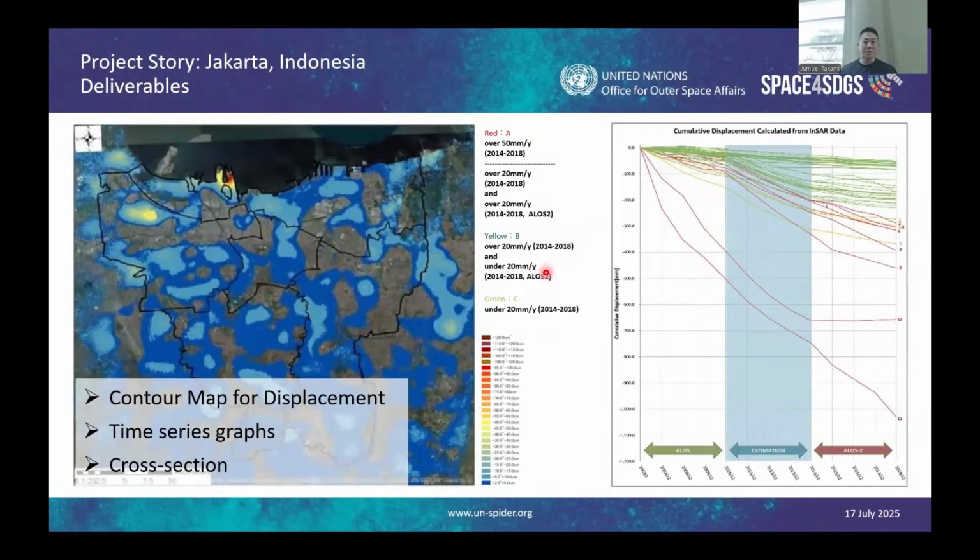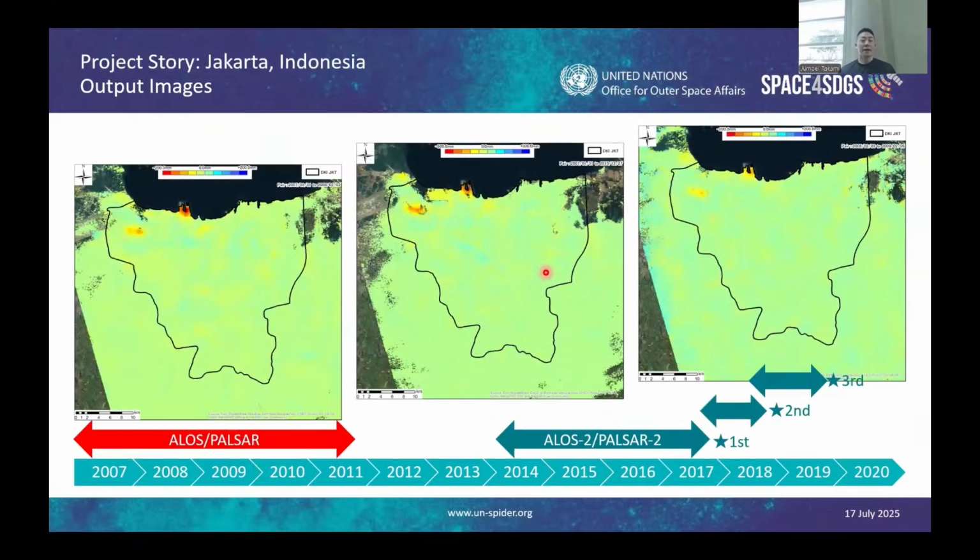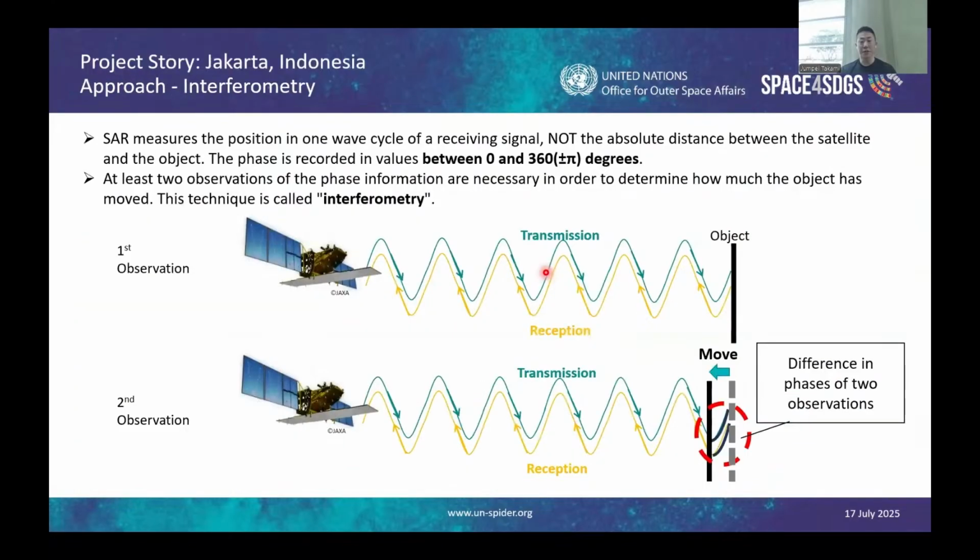The deliverables are very simple: a contour map for displacement, time series graphs, and cross sections, as you can see in the right figures. The output images are the ALOS-2 period, the estimation period, and also the final ALOS-2 entire period.